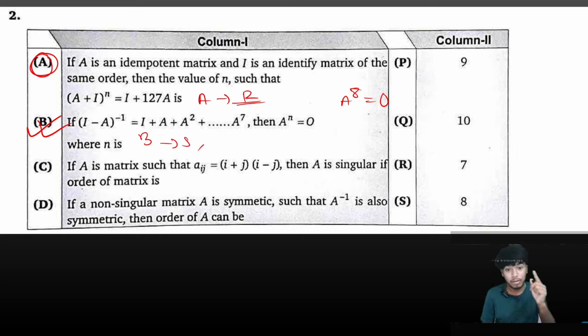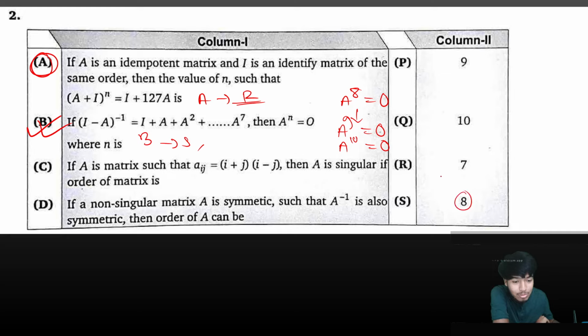Is there any possible value of n for which A to the power n equals 0? Anyone? No. Look, if A to the power 8 becomes 0, then if you multiply both sides by A, A to the power 9 again goes to 0, A to the power 10 again goes to 0.